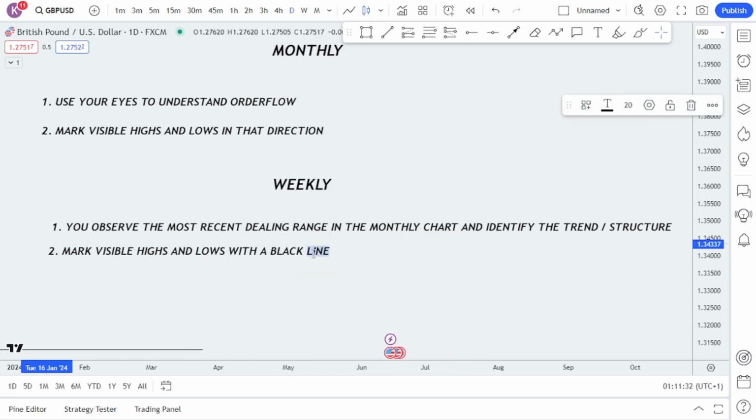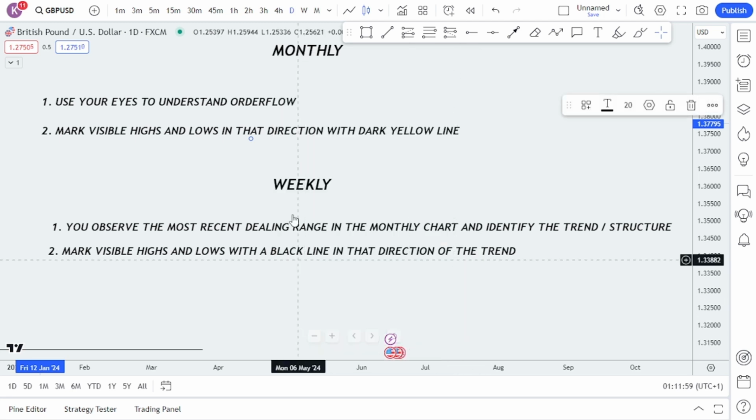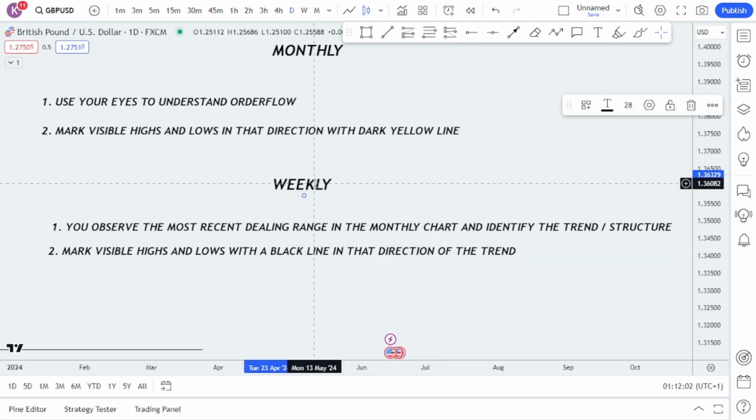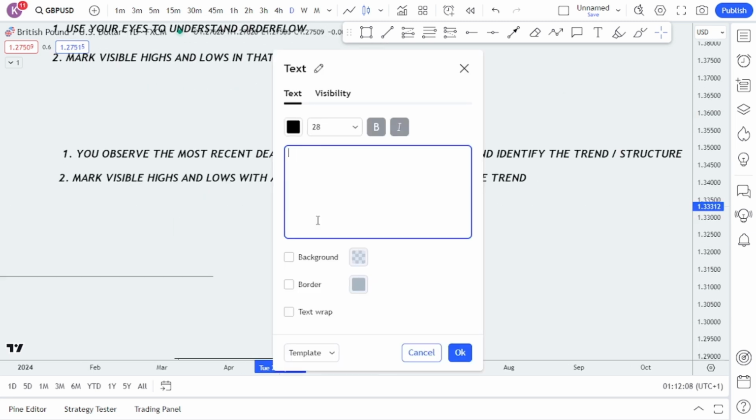I forgot to add in that direction of the trend, with a dark yellow line. So the same thing we do on the daily. On the daily we do exactly the same thing, same with the 4 hours. We just keep replicating what we did on the weekly.